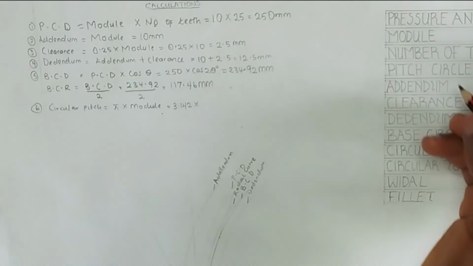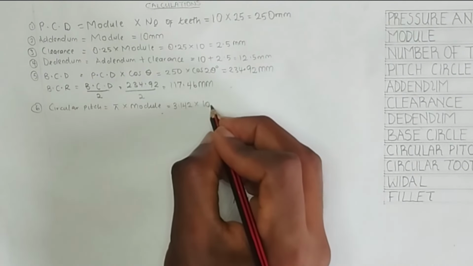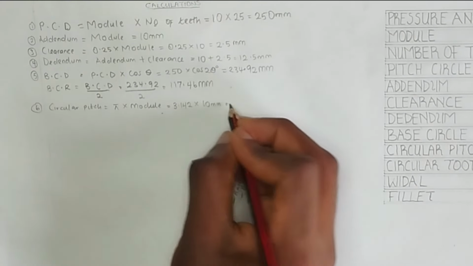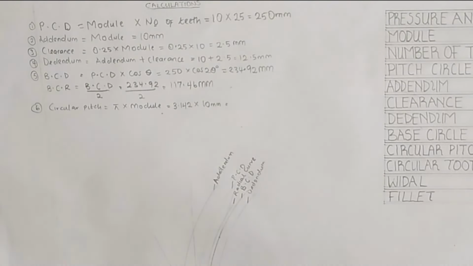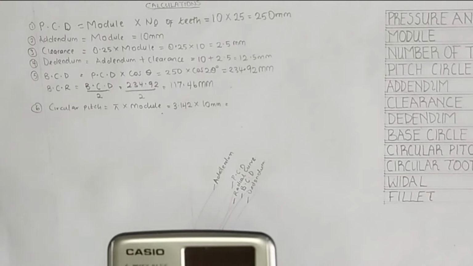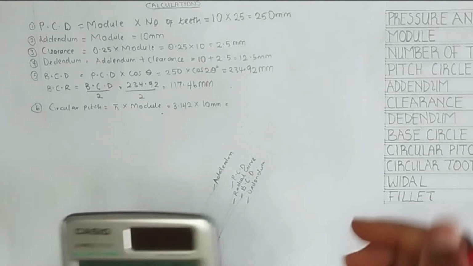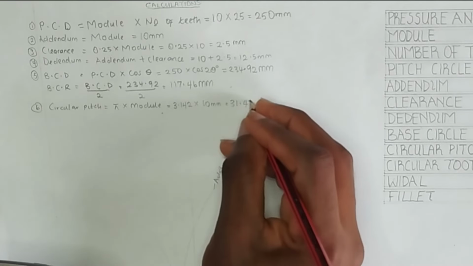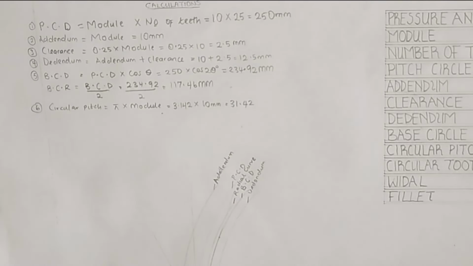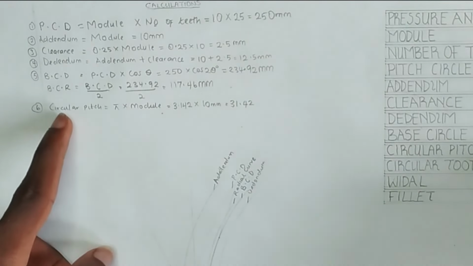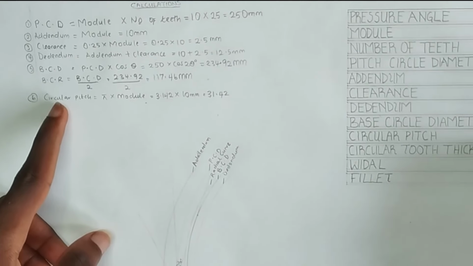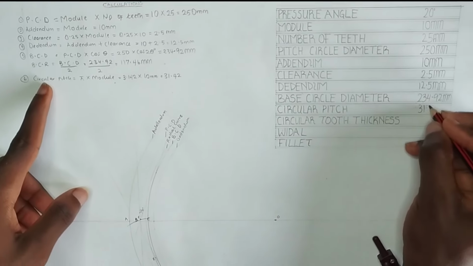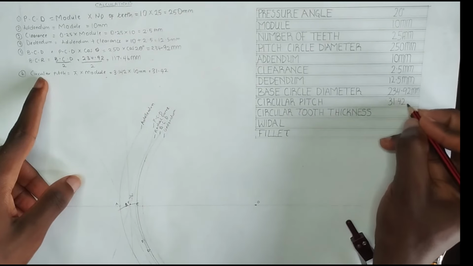What's our module? 10 millimeter. So 3.142 times 10 is going to give us 31.42. So that is for our circular pitch. Let's write it here. 31.42 millimeter.